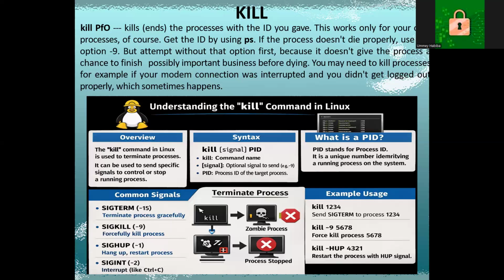The kill command can also send different types of signals to processes, not just termination signals. Signals are special messages sent by the operating system to control the behavior of processes. For example, SIGSTOP, SIGTERM and SIGKILL are common signals. SIGSTOP pauses a process temporarily while SIGCONT resumes a paused process.